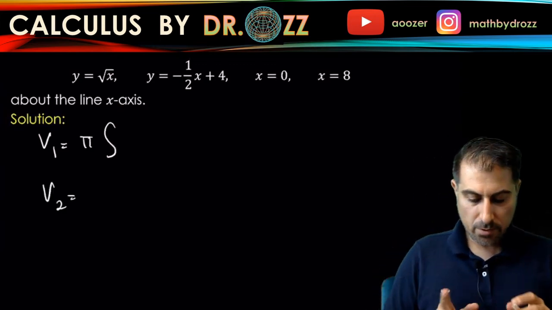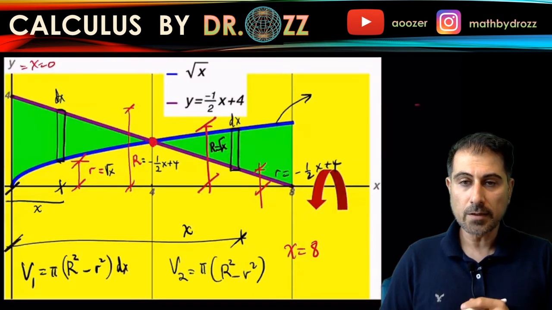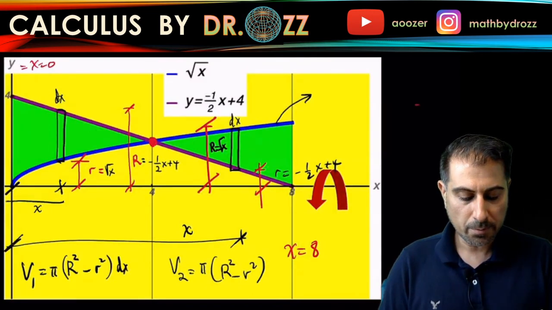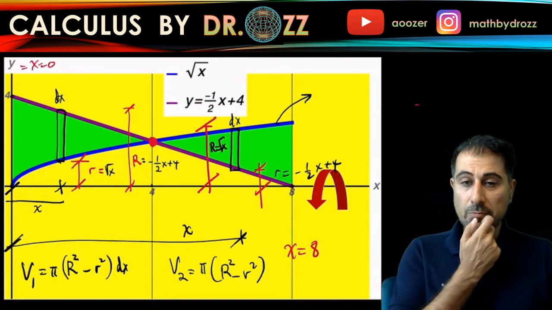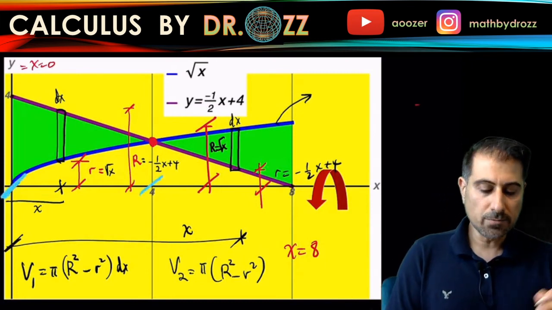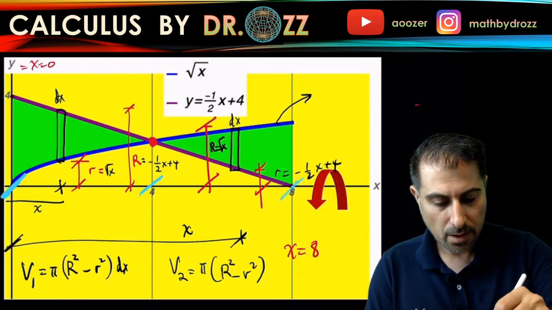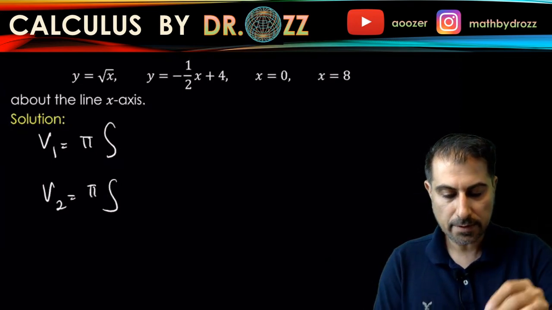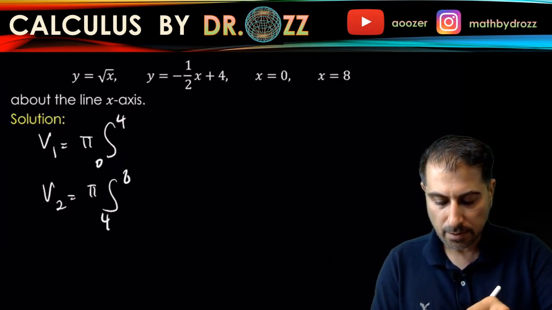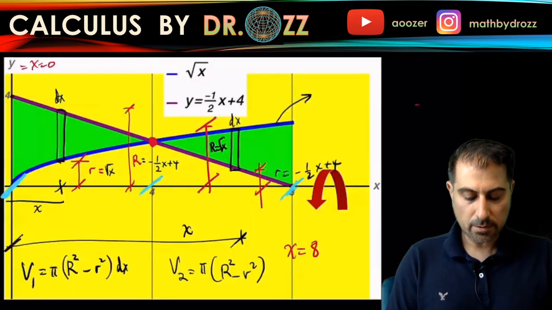So for the first one, the lower limit is going to be 0 and the upper limit is going to be 4, as you see. Right, all x's are ranging between 0 and 4. For the second region, it's going to be between 4 and 8. Okay, so I'm going to go back and put 0, 4, 4, 8.